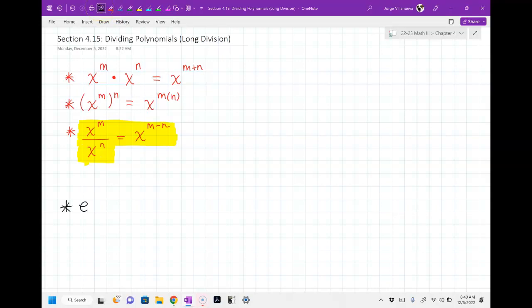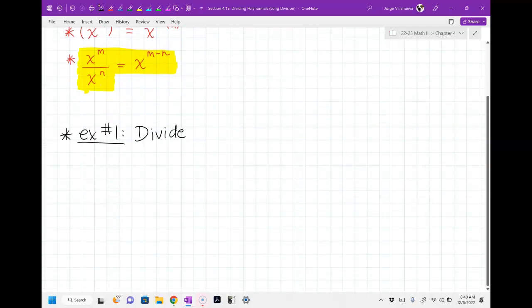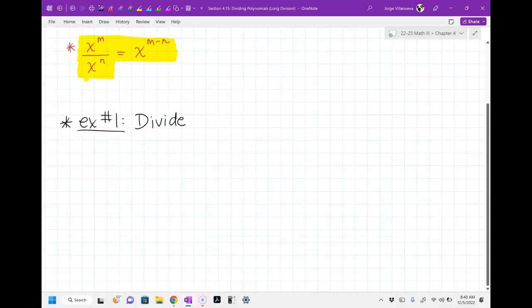Example number 1. I'm just going to put divide. Just a basic division. We're going to do 2 of these examples. One of them will be from your homework. One of them will not be from your homework.